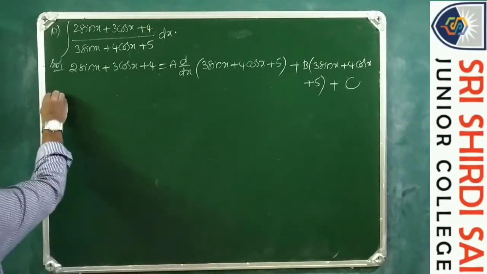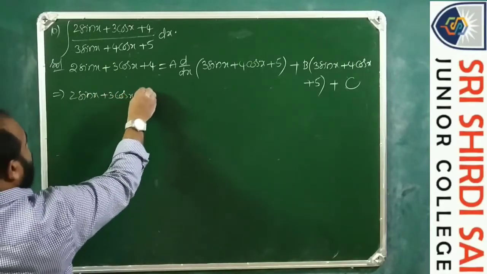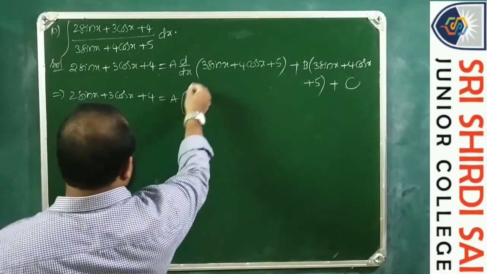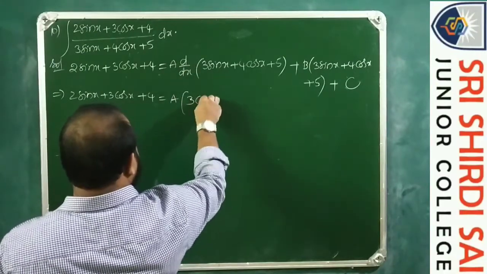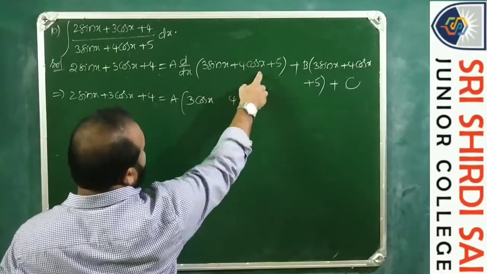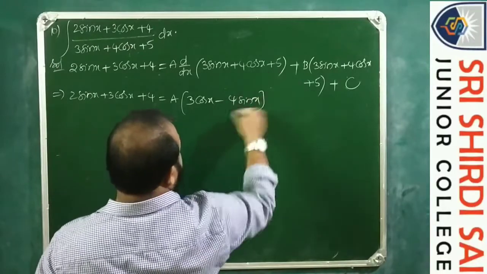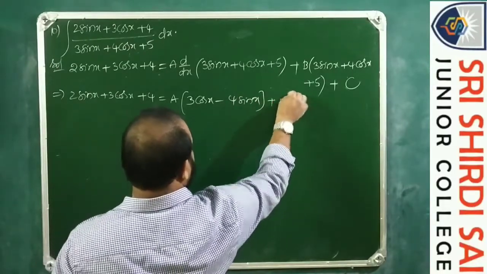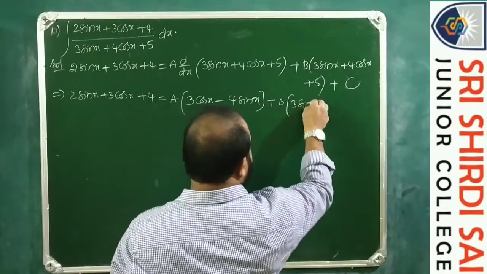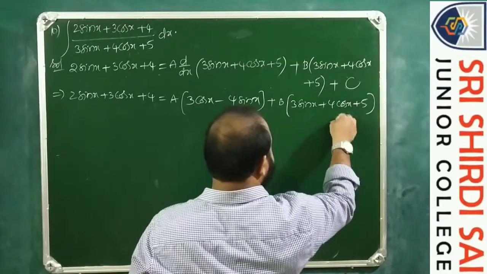Now 2 sin x plus 3 cos x plus 4 is equal to A into, 3 into d by dx of sin x is cos x, 4 into d by dx of cos x is minus sin x, d by dx of 5, a constant, is 0, plus B into, this is without derivative, 3 sin x plus 4 cos x plus 5, plus C.